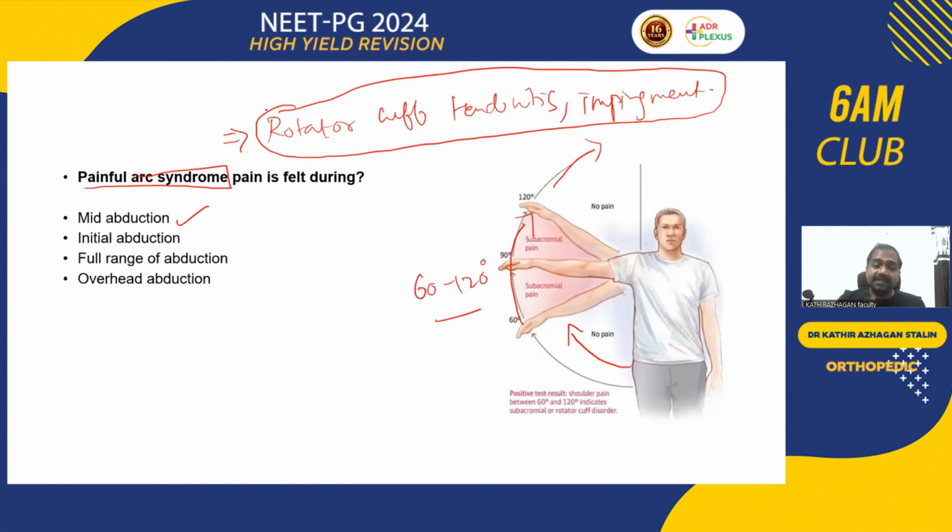And if, instead of this question in the shoulder, they want to ask something new, they will ask about frozen shoulder. In frozen shoulder, abduction and internal rotation are most commonly affected. This is the most common or earliest.